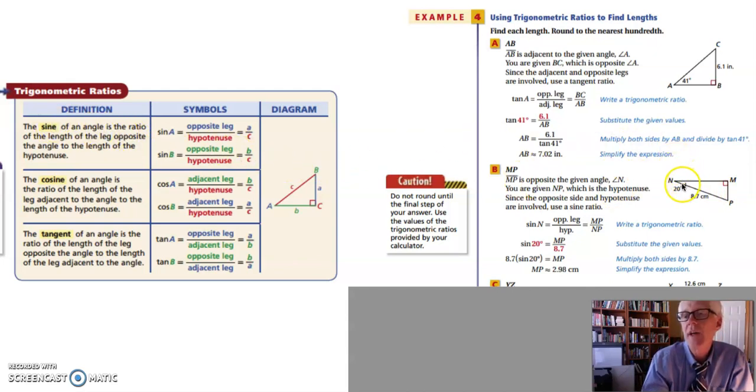Sine of angle 20 is the ratio of the missing value x over 8.7. That's what you need to write down. Write the ratio down, then you may use your calculator and find the measurement of 2.98.